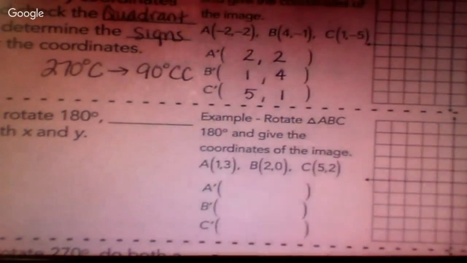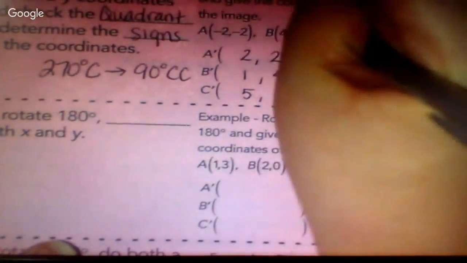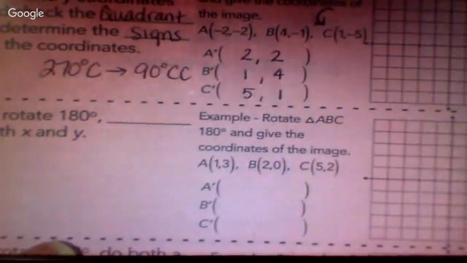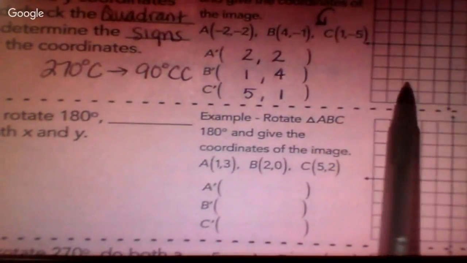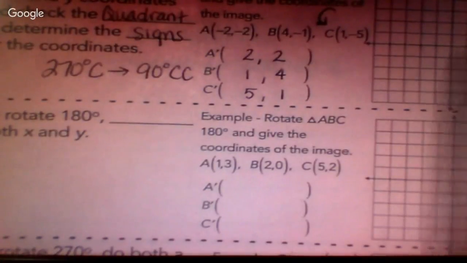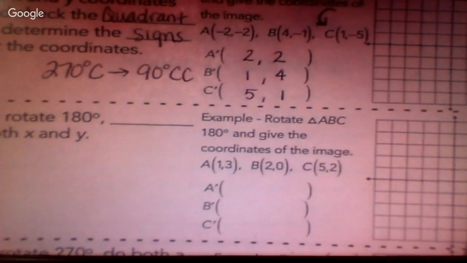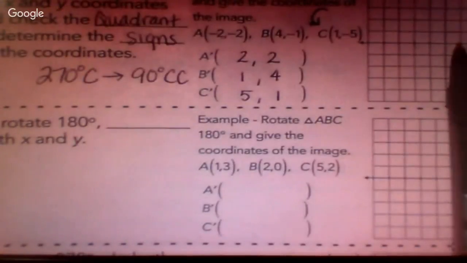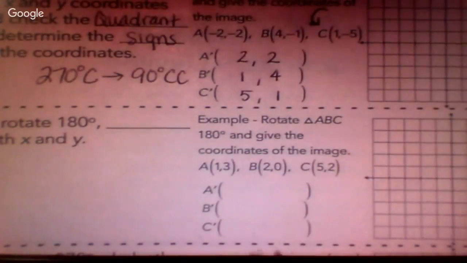Remember, counterclockwise rotates this way. So if I start in quadrant 3, I'm now in quadrant 4. My X values in quadrant 4 are? I need you all to pay attention and listen to the questions.